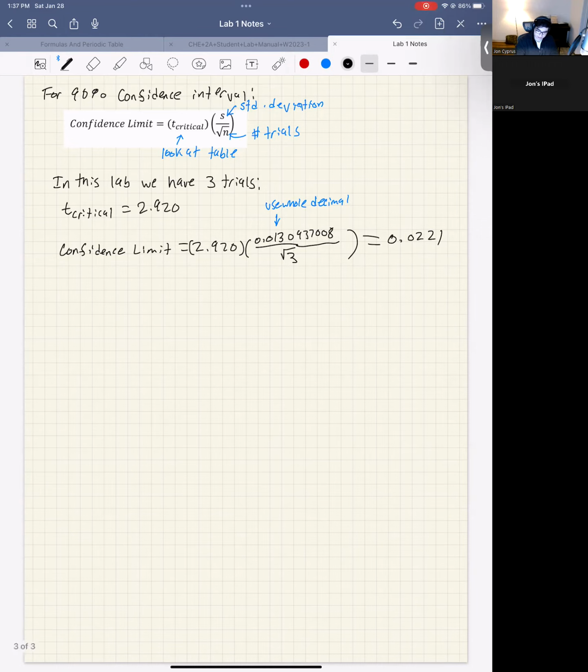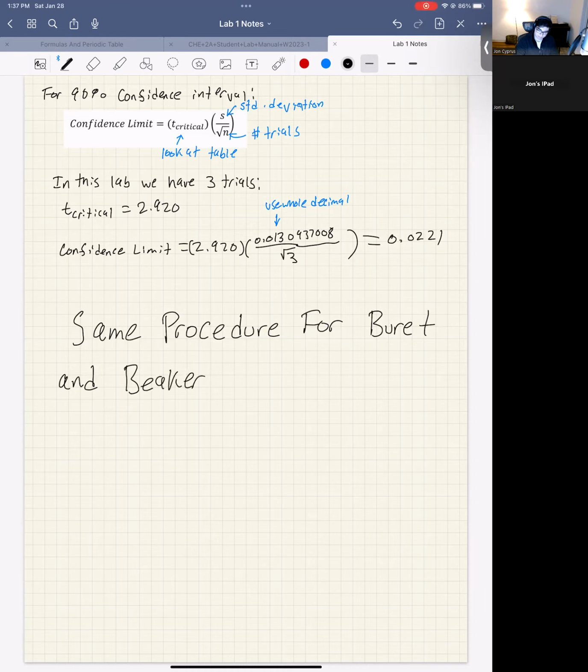So this is the same procedure for the burette calculations and the beaker calculations, right? They're literally the same.